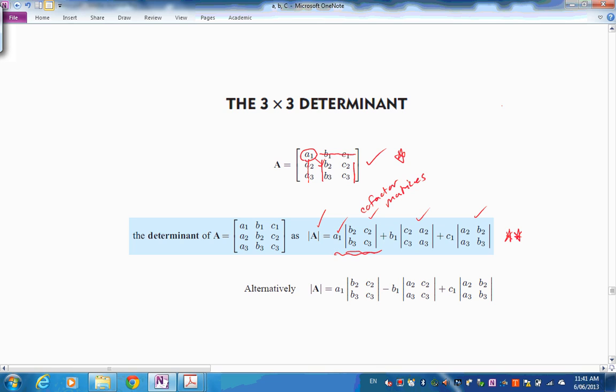Then the next one is a bit different. The next one is B1, so let's scrub that out. The next one is we want this value, so forget those perhaps, and oops, sorry, I've done that incorrectly, not that one.